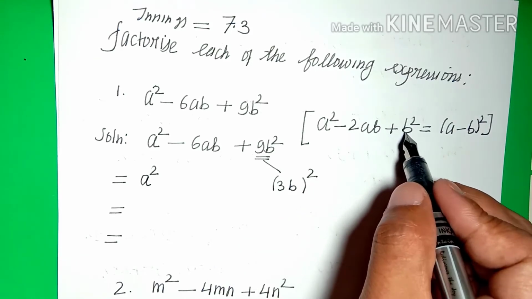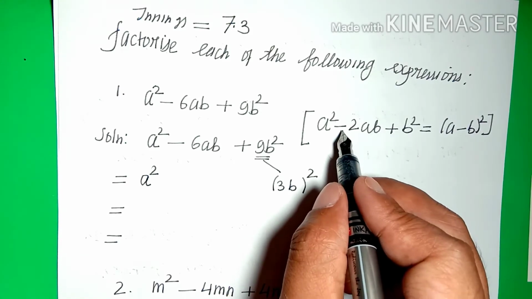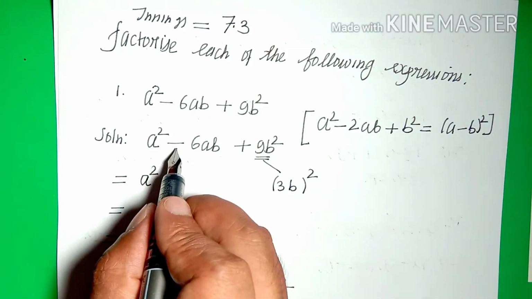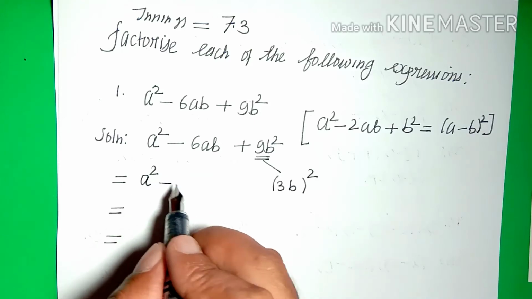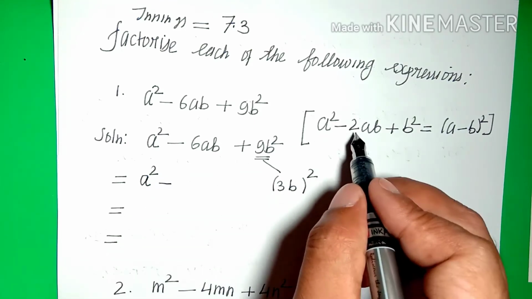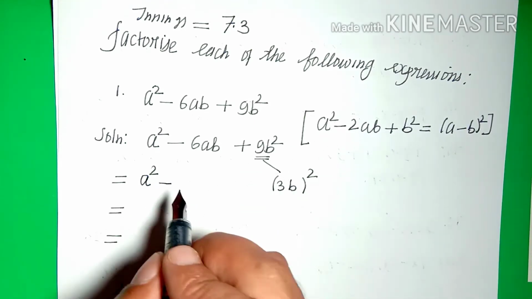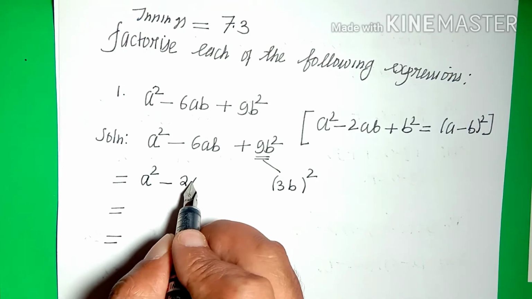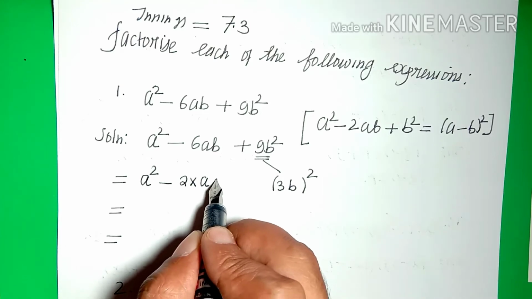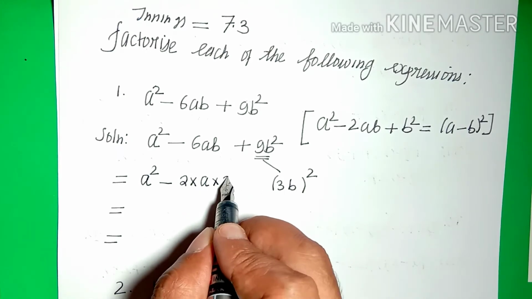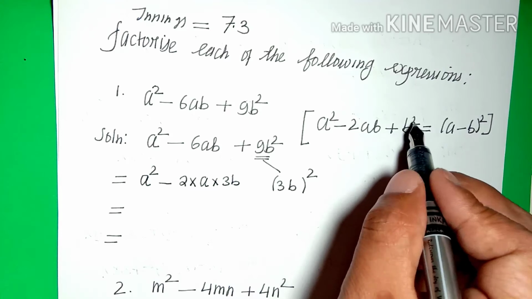After getting b square, get the value of 2ab. The same sign we drop here, minus, as we can see in a square minus. After that 2 into a into b, so 2 into a, a means only this value, into b means only 3b. After that plus b square.